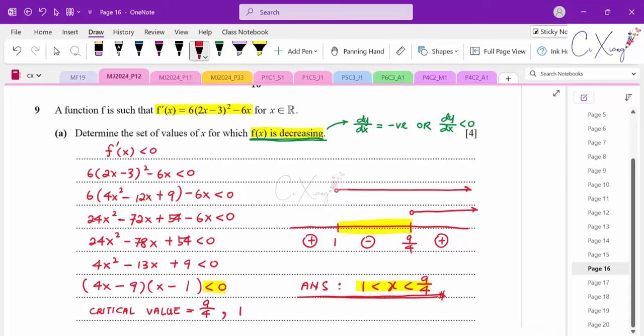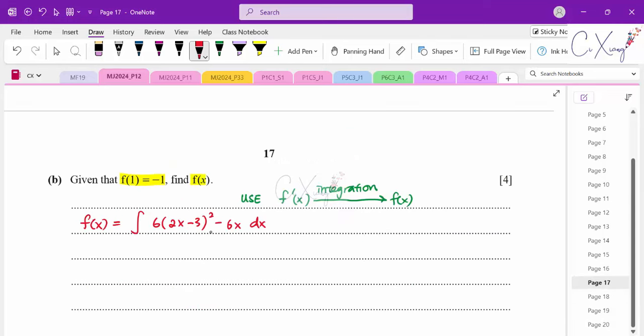So some students would want to use this one. After they expand, they get this one, right? Yeah, you can use the expanded answer, but you cannot use the equation after it is simplified. For me, I just use back the original equation from the question. So both will give you the same answer basically.